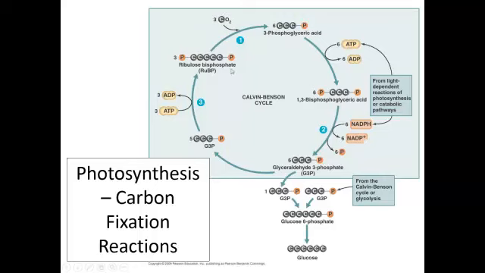We start out with ribulose bisphosphate, or RuBP, and there's an enzyme called Rubisco that takes the CO2, puts it onto this 5-carbon molecule, and we get an unstable 6-carbon intermediate that breaks down into 2 3-carbon molecules. Now you'll notice that there's a 3 and a 6 going on here because we can't do this just one. We have 3-phosphoglyceric acid.